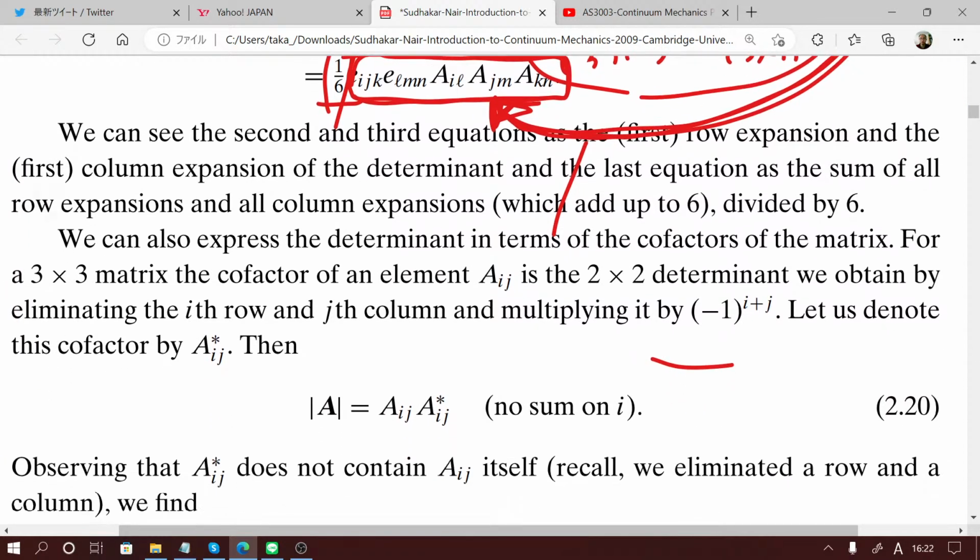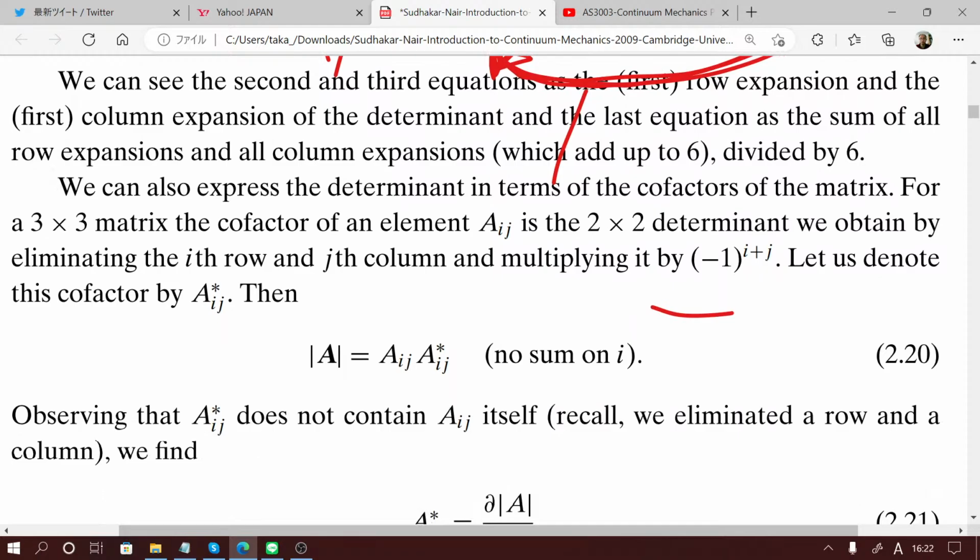We can also express the determinant in terms of cofactors of the matrix. For a 3 by 3 matrix, the cofactor of element Aij is the 2 by 2 determinant we obtain by eliminating the ith row and jth column and multiplying it by -1 to the power i plus j.